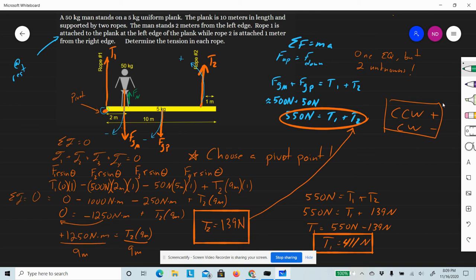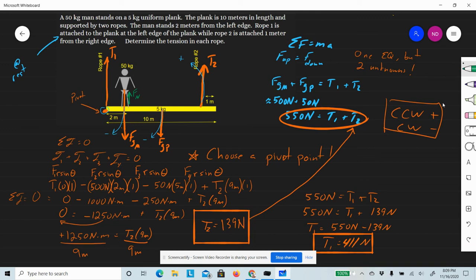It's coming from the plank itself, but the plank itself can't make itself move. It's an internal force. It doesn't act on the system externally. So it can't make it rotate. It would produce no torque. So it's not part of the torque problem.